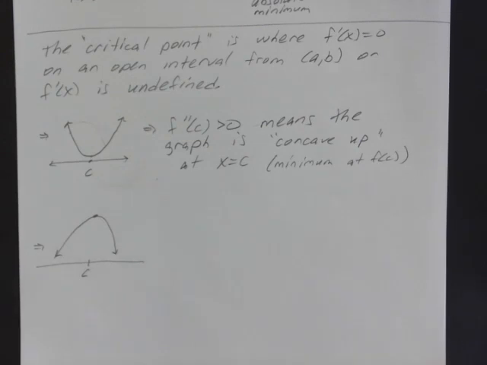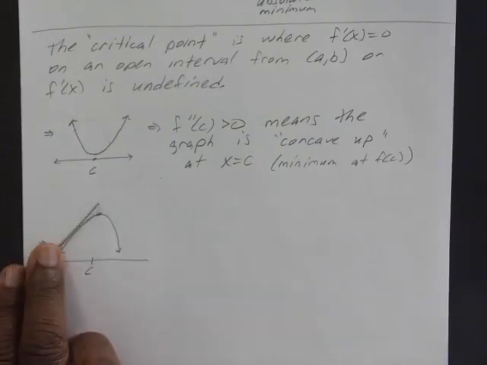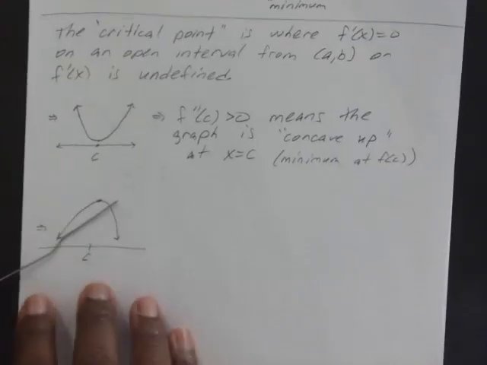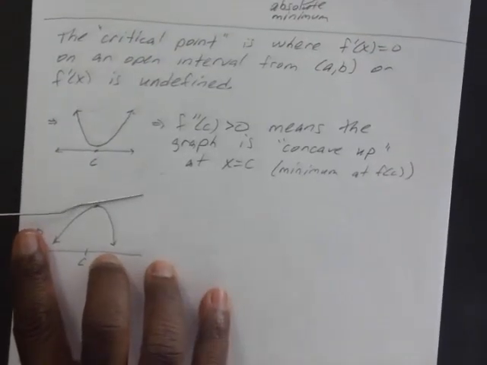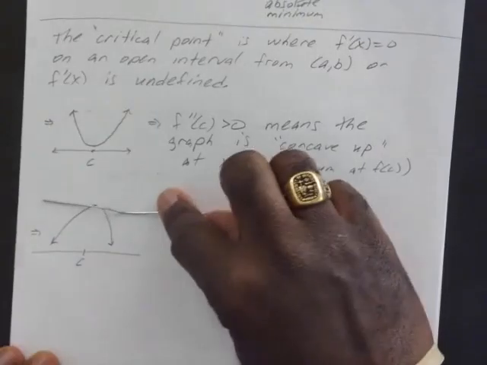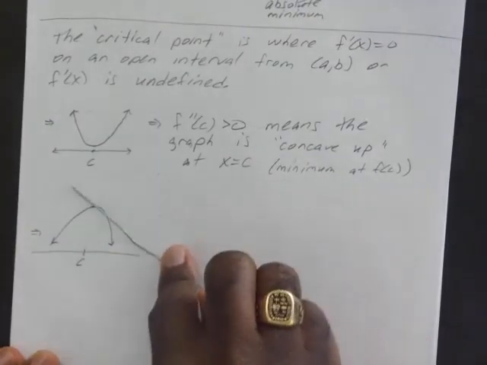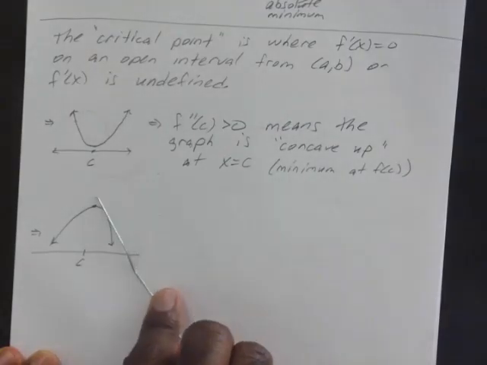Now in this case, we can see that our slope would start off positive, and it's steadily decreasing, because as it goes to the right, it's decreasing to where it's eventually 0, and from 0 it just becomes negative. It just keeps decreasing.